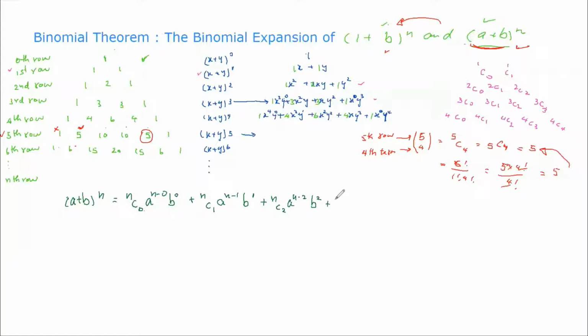Next is going to be nC3, continue, and a becomes n minus 3, and then b power 3, plus continue nC4, and this one is going to be a power n minus 4 and b power 4, and keep doing up to the n term. So plus, the nth term is going to be nCn, a power n minus n times b power n.